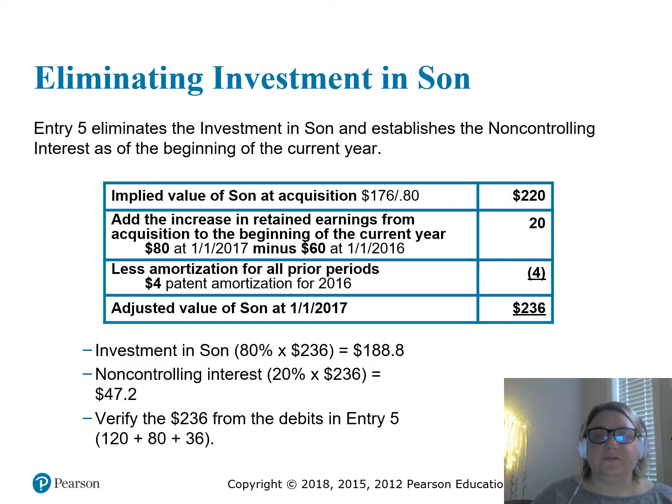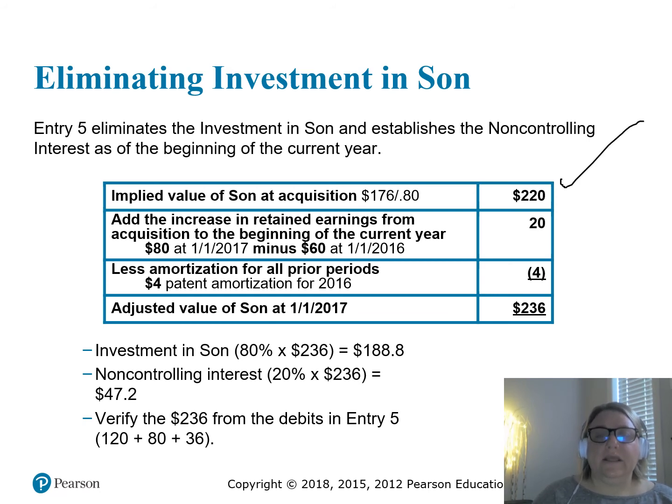Okay, so the first thing we're going to do here now is entry 5. We're going to eliminate the investment in Sun and establish the non-controlling interest for 2017 as of the beginning of the year. So to do this, we're going to work on the implied value again.